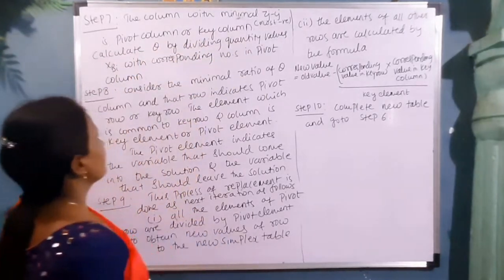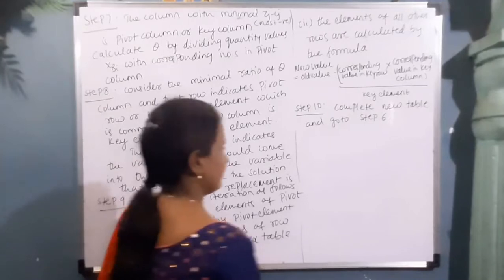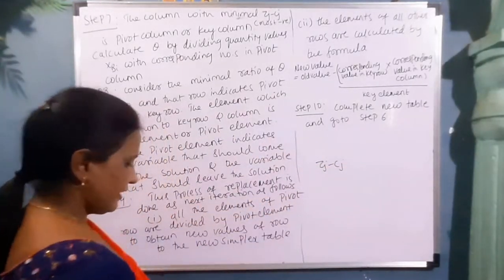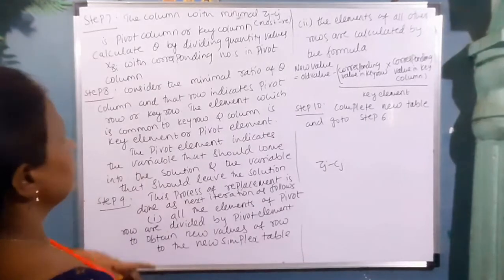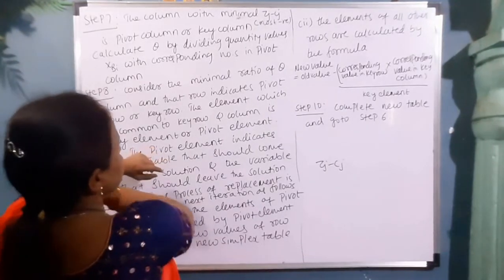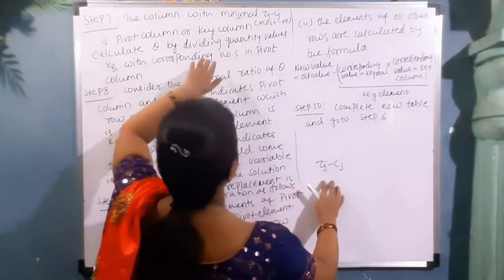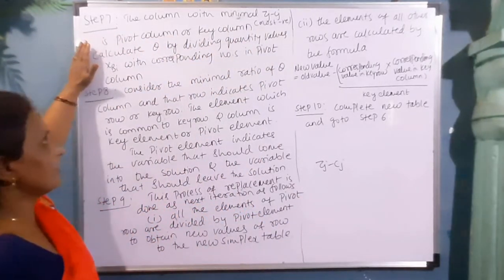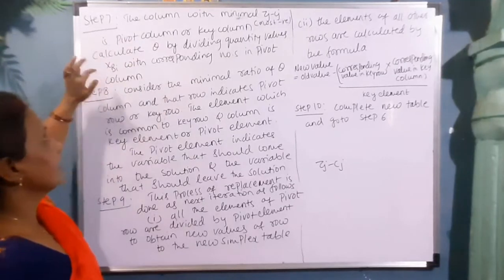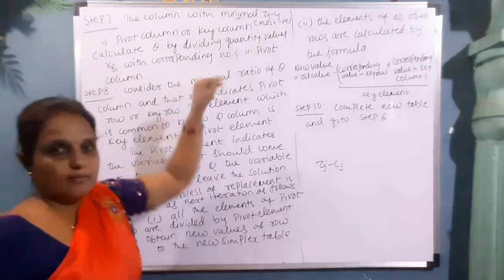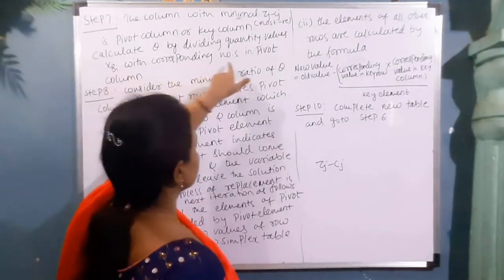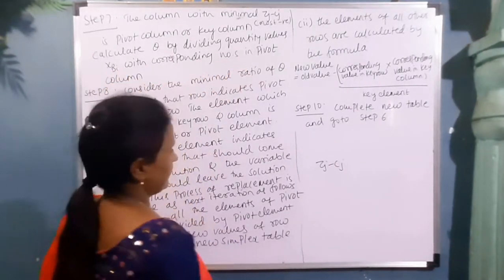In step 6 we find Zj minus Cj, and after finding it we check the value. Whichever is the minimum of Zj minus Cj, that is most negative, is considered the pivot column or key column. Now we calculate theta by dividing the quantity values xbi by the corresponding numbers in the pivot column.